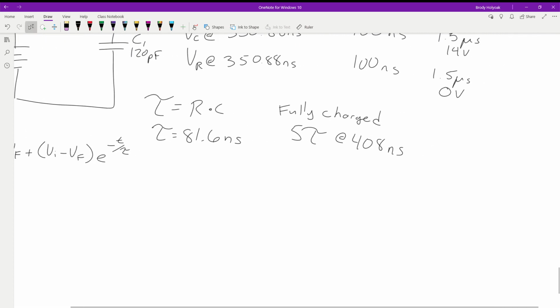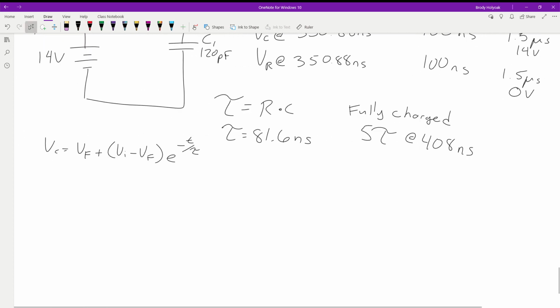So we need to solve for this value. The voltage of the capacitor is equal to, what's our final voltage? 14. We're trying to get there. Plus 0 minus 14 times e to the negative t, which we have here, divided by our tau. And at this point, we are just solving for the voltage.